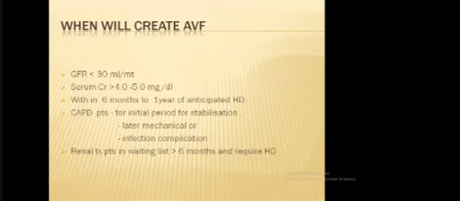So for CAPD patients in this category, when complications develop, we give hemodialysis through AV fistula. Then ESRD patients waiting for renal transplant for more than 6 months and requiring regular hemodialysis also require an AV fistula.